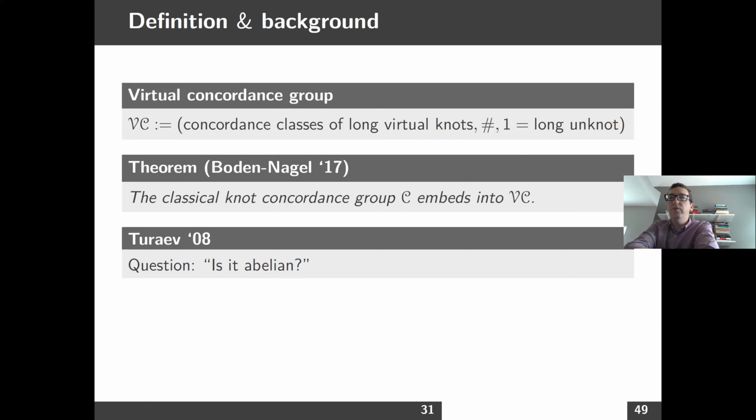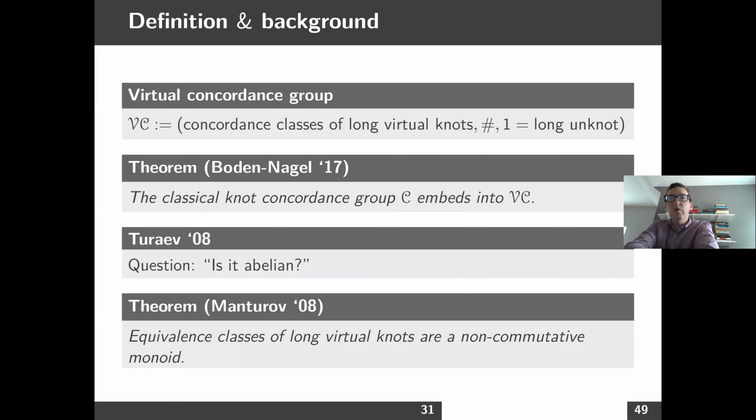So he asked whether or not this group is actually commutative. So around the same time, Manturov showed that equivalence classes of long virtual knots form a non-commutative monoid. So that gives some positive evidence to the fact that this might not actually be abelian. But under concordance, that's a much more coarse relation, so it's a little bit more involved.